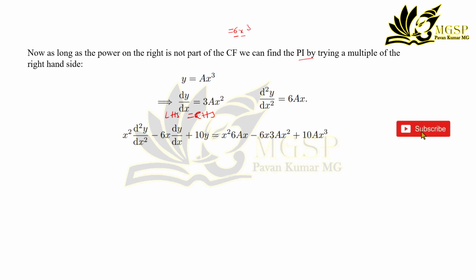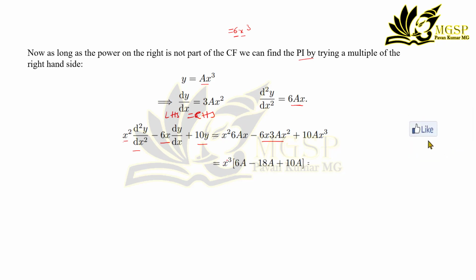Differentiating again, 6ax. Substitute these into the same equation, keeping the 6 as a constant. So x square into 6ax, minus 6x into 3ax square, and plus 10 into y, which is ax cube.